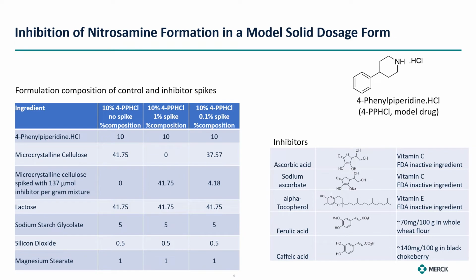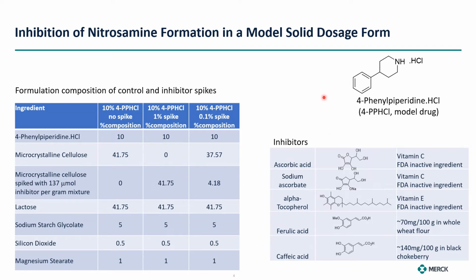To show the feasibility of inhibition of nitrosamine formation in solid dosage forms, this amine, 4-phenylpiperidine hydrochloride, was chosen as the model drug. And these are the inhibitors we used: ascorbic acid, sodium ascorbate, alpha tocopherol, ferulic, and caffeic acids.